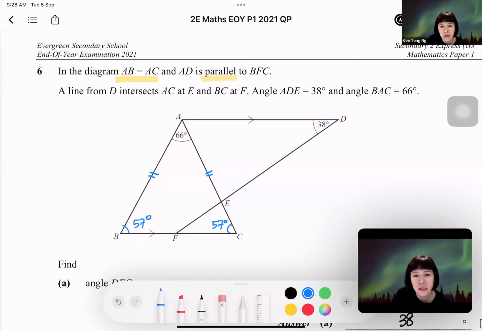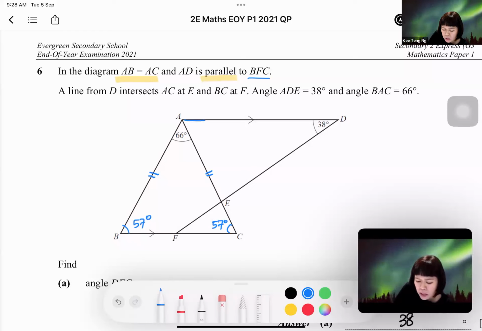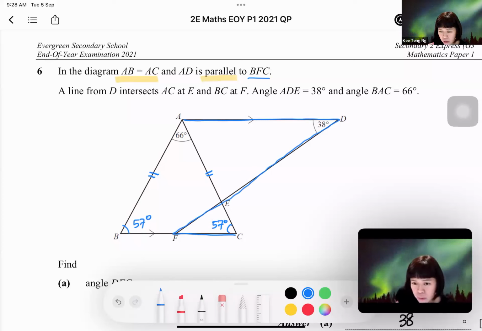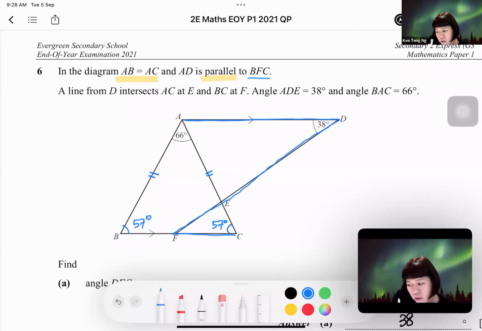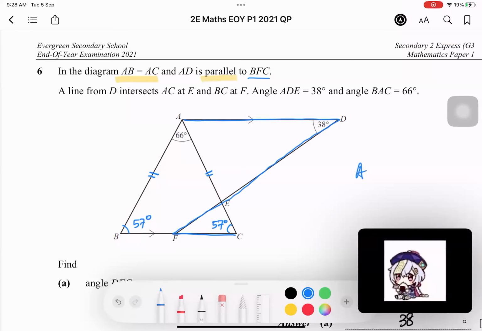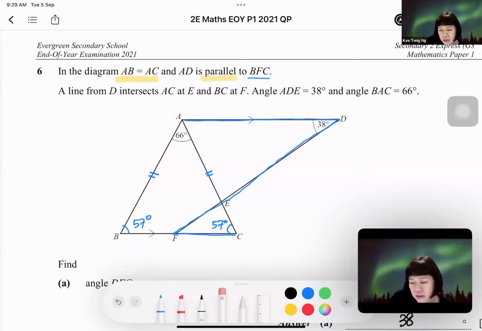Next thing, they say that AD is parallel to BFC. So the moment I see AD parallel, can anyone tell me what kind of angles is this? I've just drawn out this pair of angles. What kind of angle is this? Starts with A. Alternate angles of parallel lines. Thank you very much.